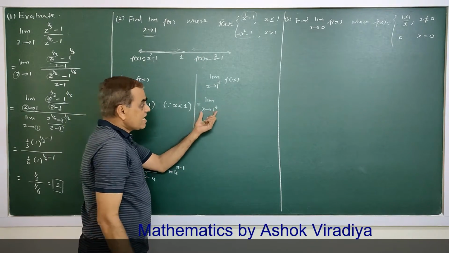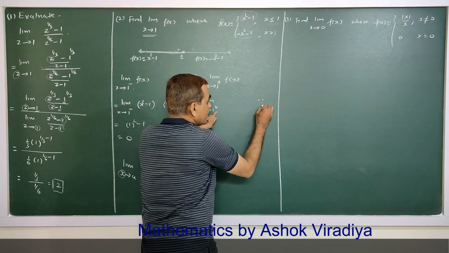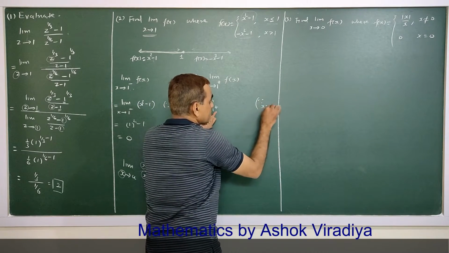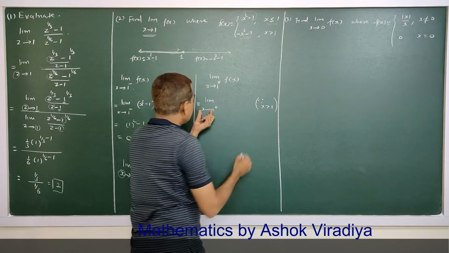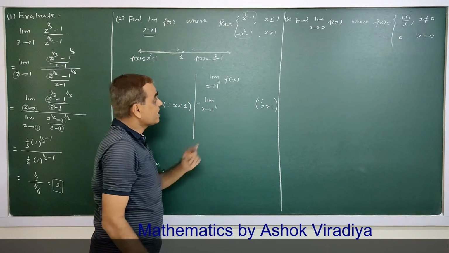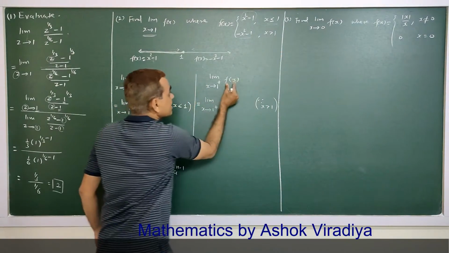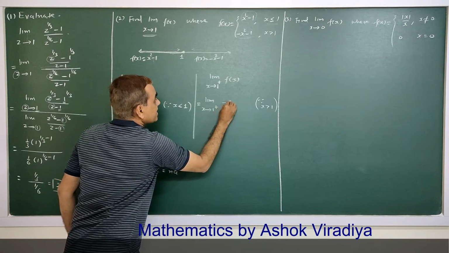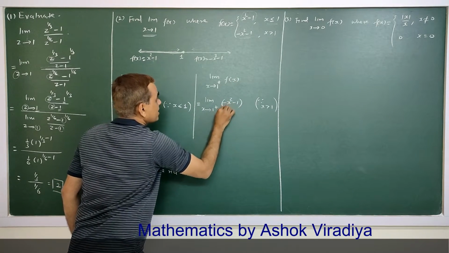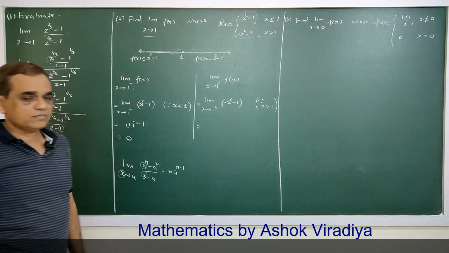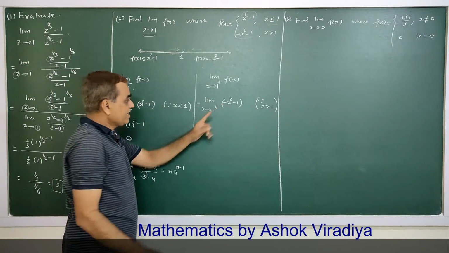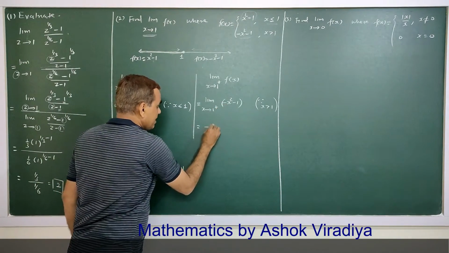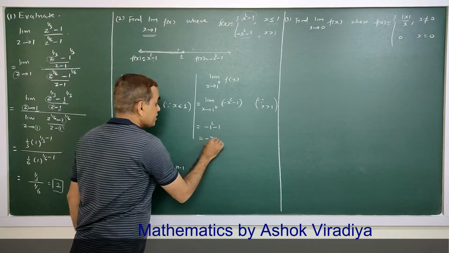This means x is more than 1, and if x is more than 1, f(x) is minus x square minus 1. Now putting 1 here, this will be minus 1 square minus 1, that is minus 2.